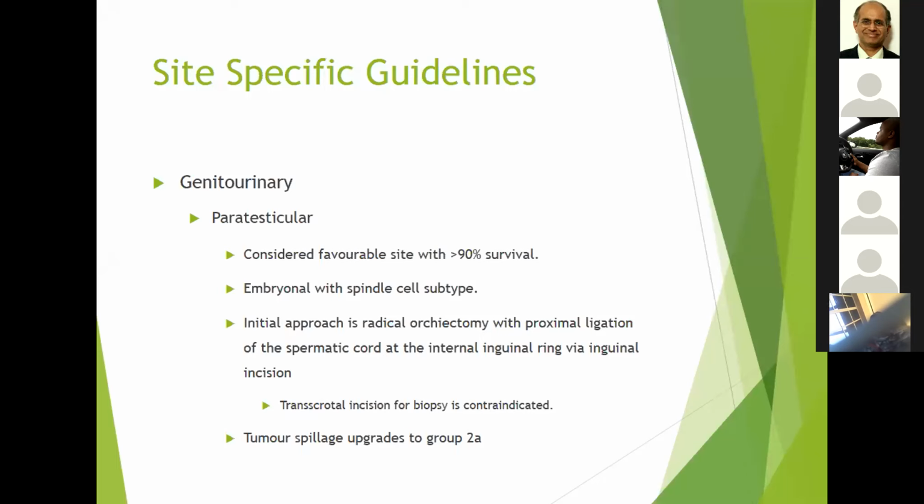This orchidectomy is done via an inguinal incision. You try and avoid going through the scrotum, even for a biopsy, because you can cause tumor spillage and seeding of the tumor as well.